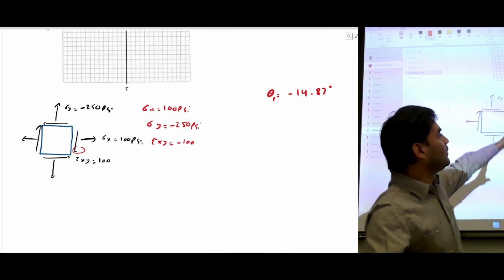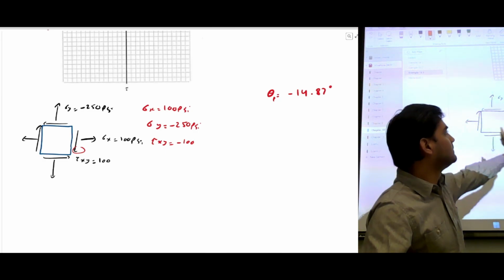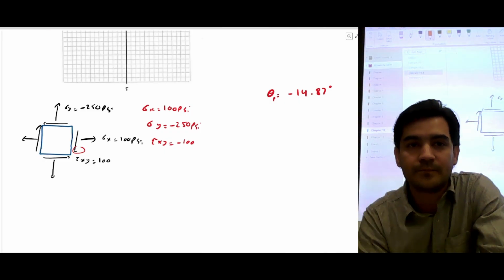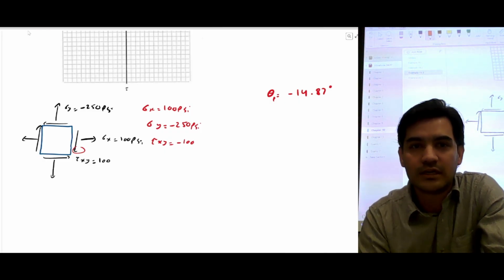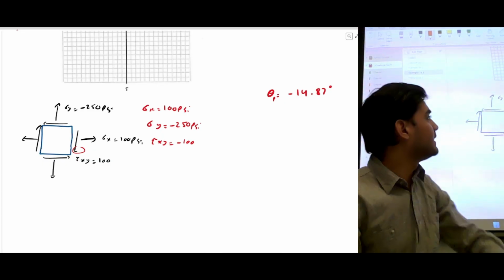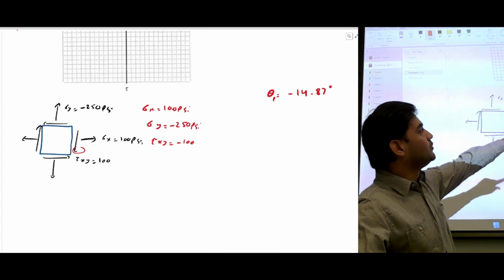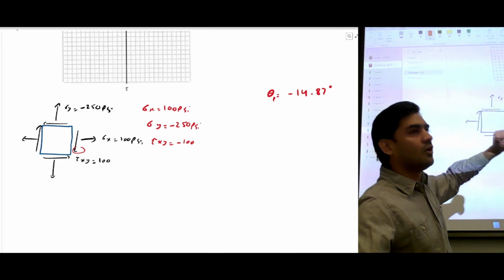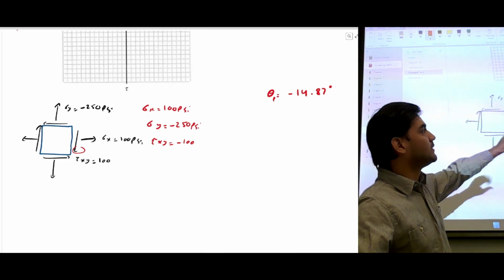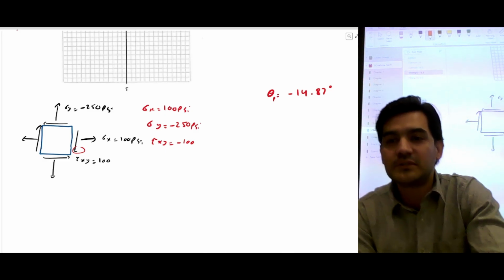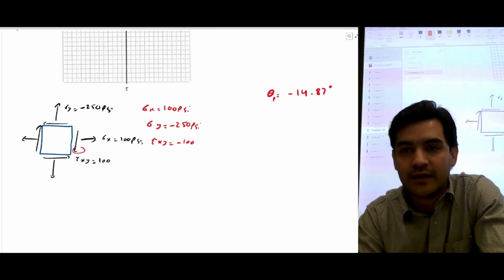That's the angle where if we rotate, we'll get the maximum normal stresses, right? So I'm just going to draw the maximum normal stresses. We can use this angle in the transformation equations, or we can directly use the maximum principal stresses equation, and we can get the final answers.